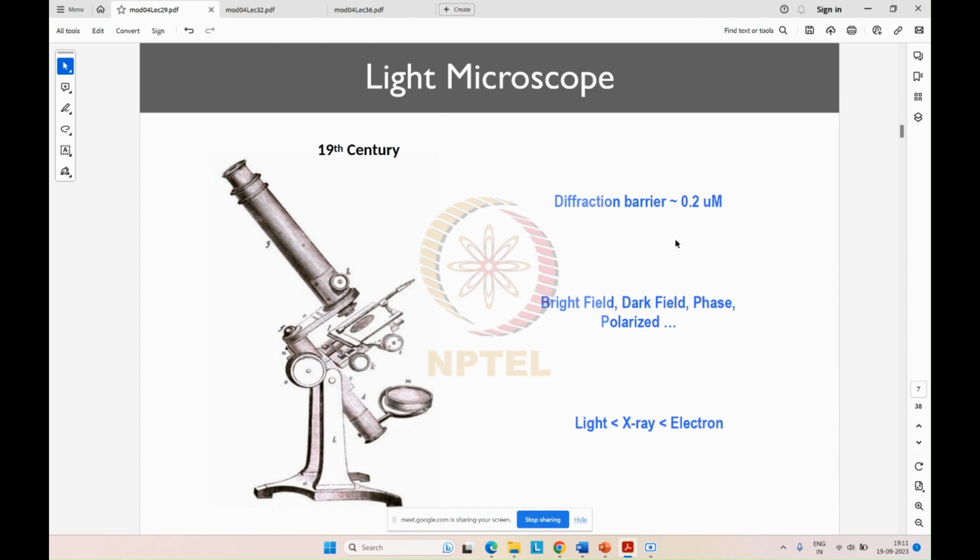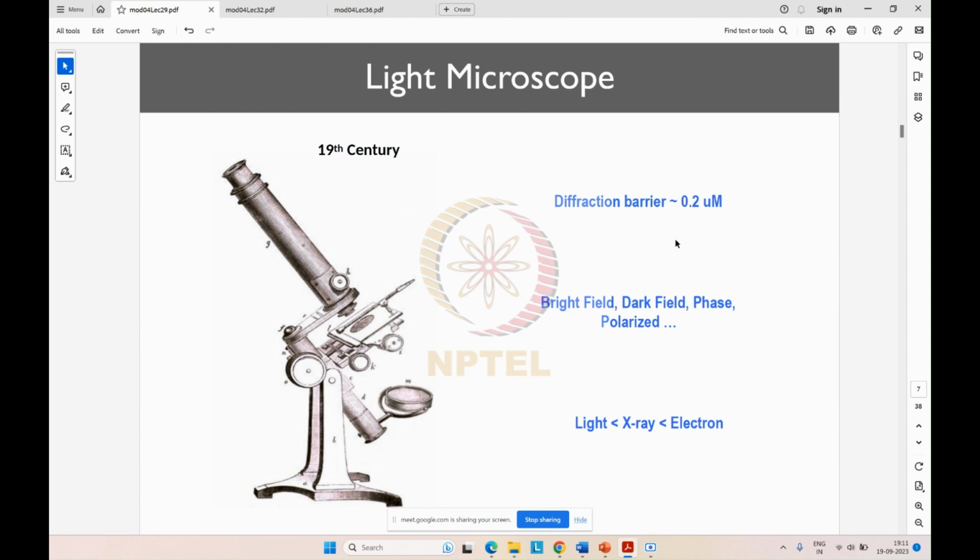It generates an image based on what is stopping the light and what is not. There are others like polarized light. Light has a certain direction of polarity, right?